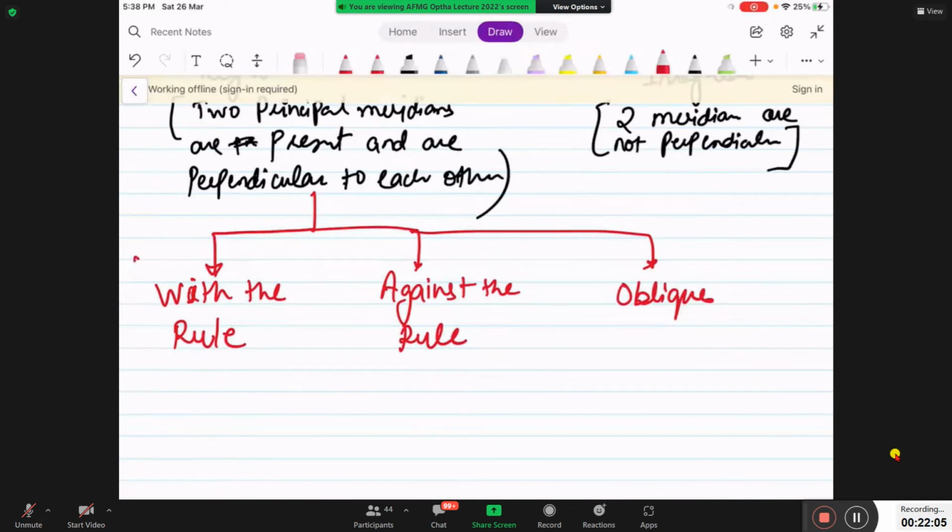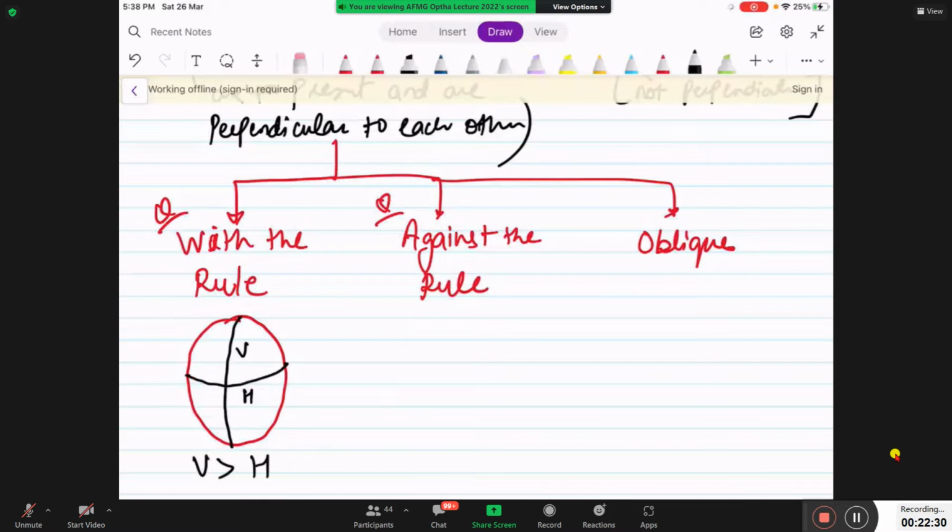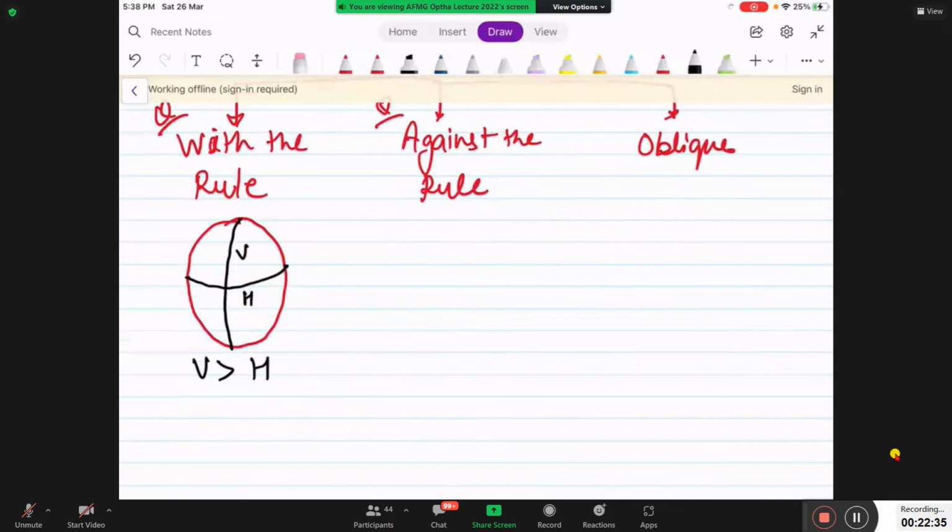Now, from your exam point of view, these two are important: with the rule and against the rule astigmatism. Suppose this is your corneal curvature. This is your cornea, in which this one is vertical, right? If the vertical meridian is more curved as compared to the horizontal meridian, then that gives you with the rule astigmatism.